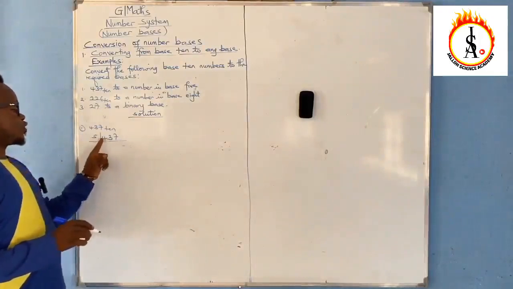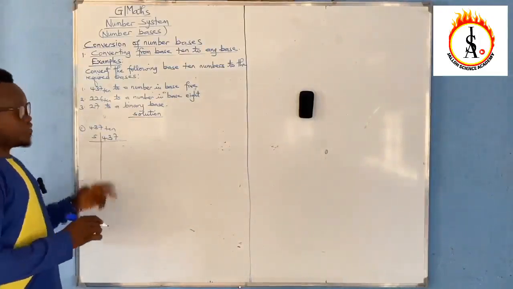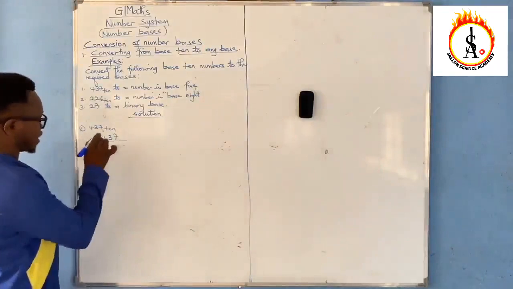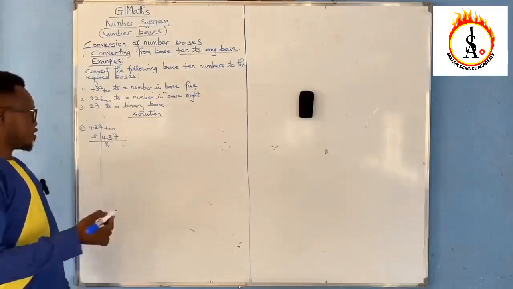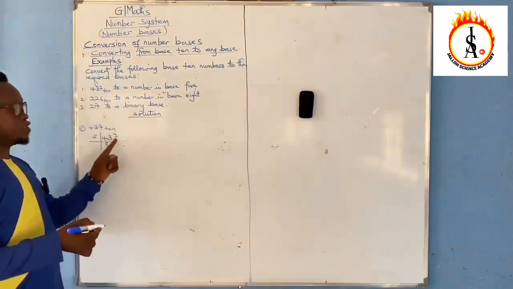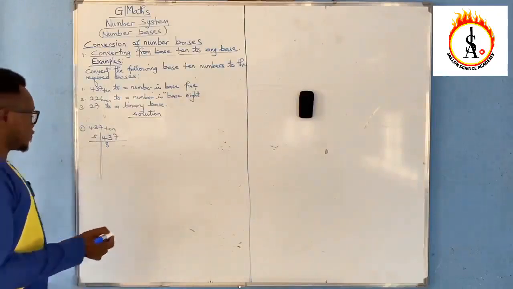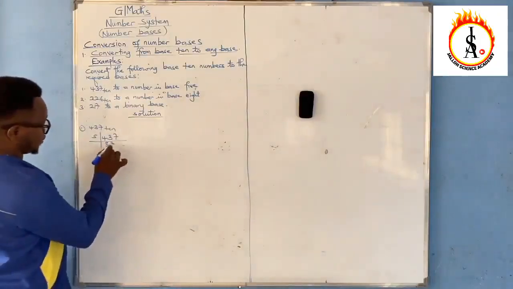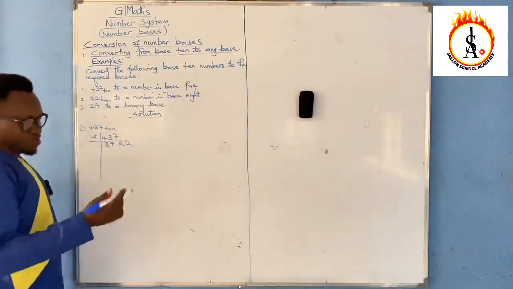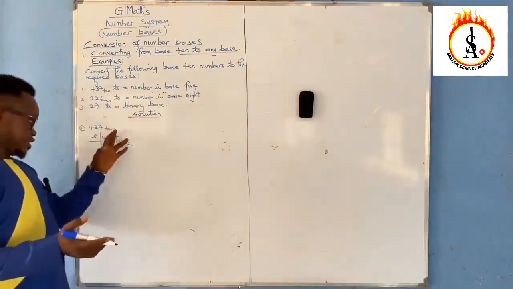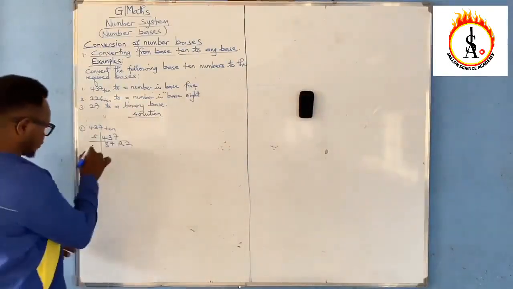Five cannot go into 4, so we combine the 4 and the 3, 43. 5 into 43 is 8 times, with a remainder of 3, because 5 by 8 is 40. Bring the 3 to the 7, becomes 37. 5 into 37 is 7 times, with a remainder of 2, because 7 by 5 is 35, and 37 minus 35 is 2.